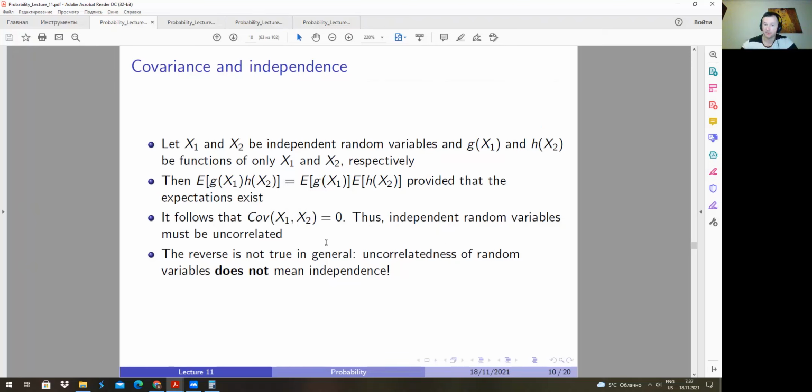If covariance is 0, it does not mean that two random variables are independent. They do not have linear correlation between them. They do not have linear dependency, but probably they have non-linear dependency, which is quite important.